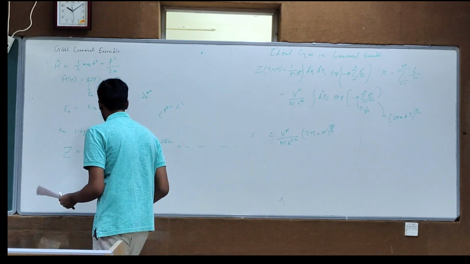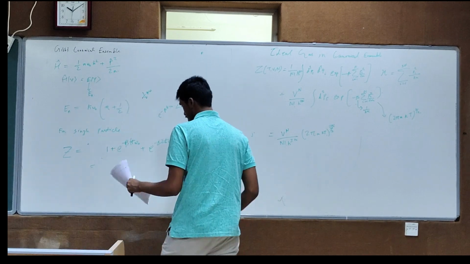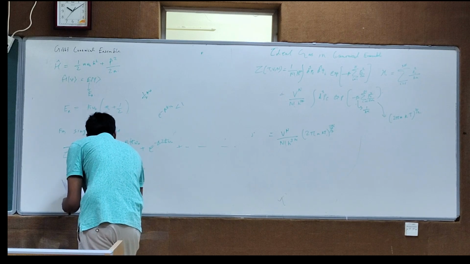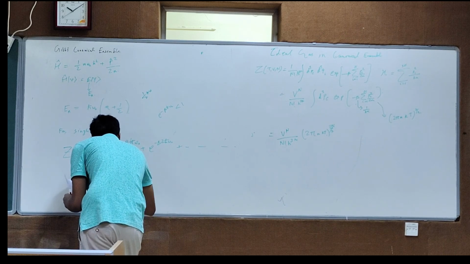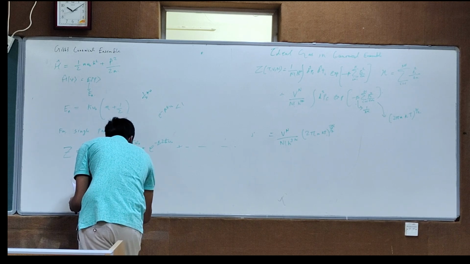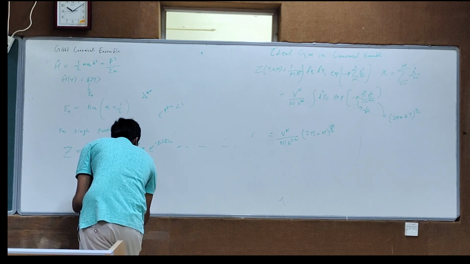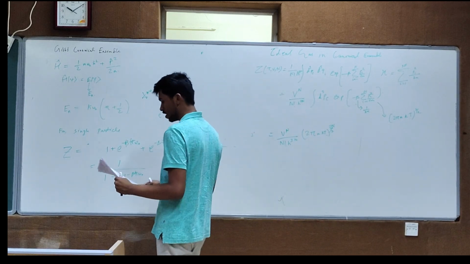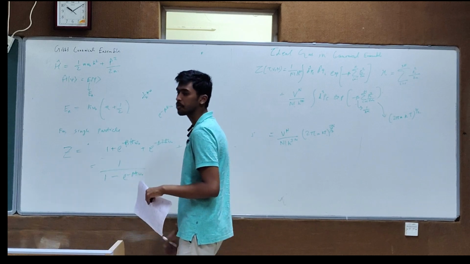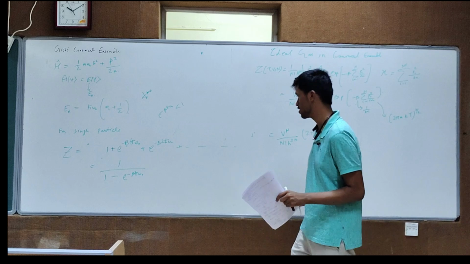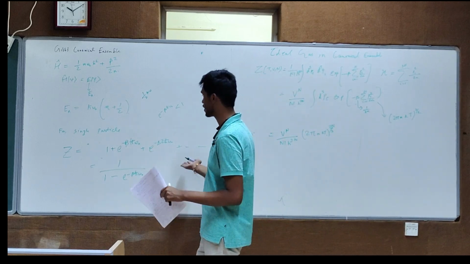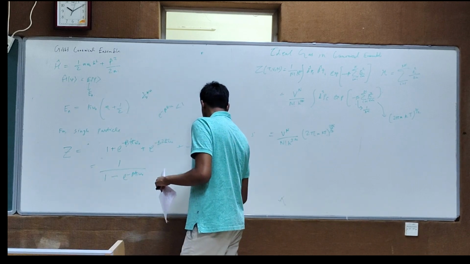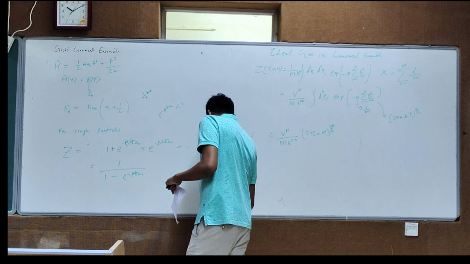It's an infinite series, so the sum comes out to be this. So this is the partition function of your system. And suppose you have n distinguishable particles, you would just multiply the different partition functions, and it would just turn out to be one product of these.